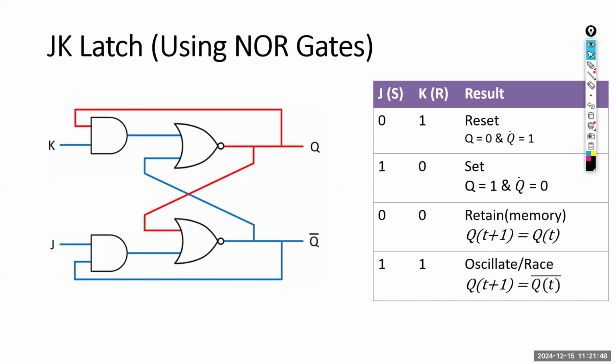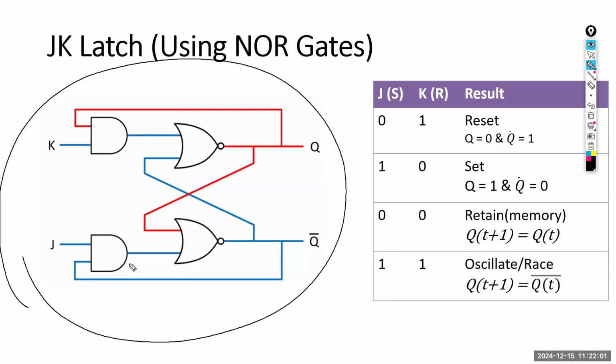Now a JK flip-flop is, or a JK latch is, because still we have not connected the clock signal. As long as the clock signal is not there, it's a latch. So the behavior of the JK latch is 90% the same as the SR latch. So therefore, simply you can replace S with J, R with K. Actually, JK stands for Jack Kilby.